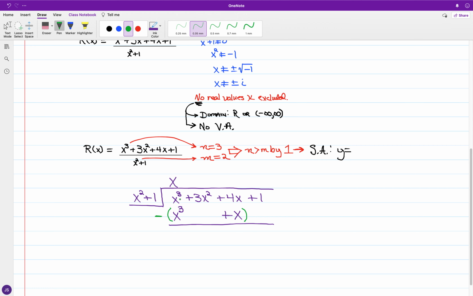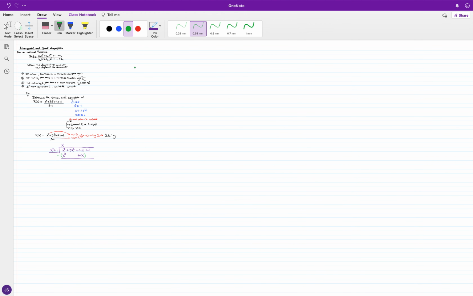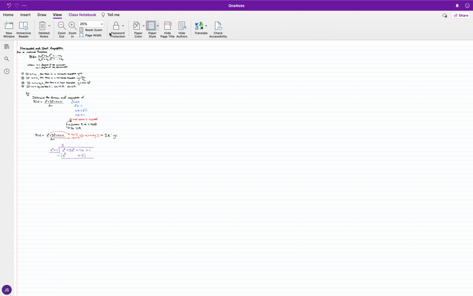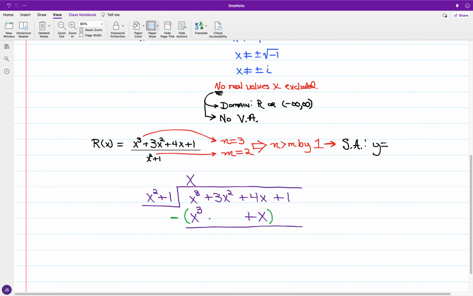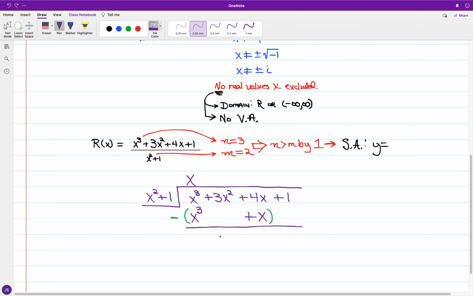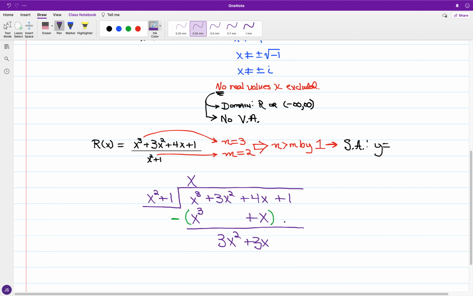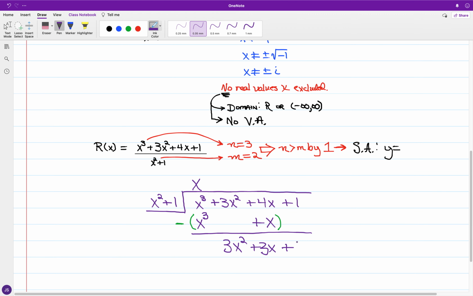So x cubed minus x cubed goes out, and 3x squared is going to remain untouched, so this will be brought down. Again, the x cubes cancel. Then we have 4x minus x, which leaves us with positive 3x. Then we have plus 1 to bring down.